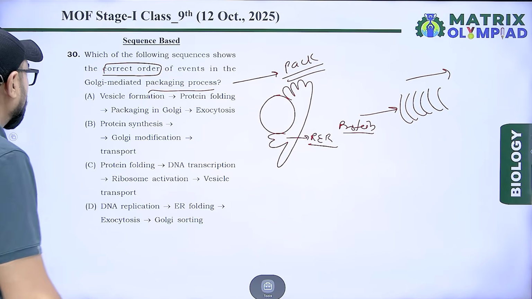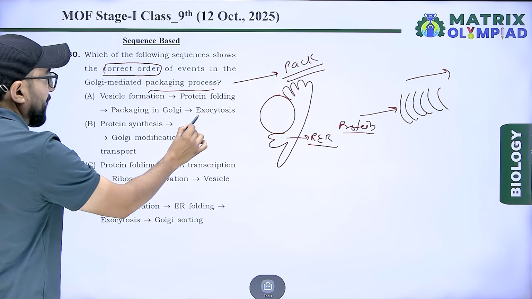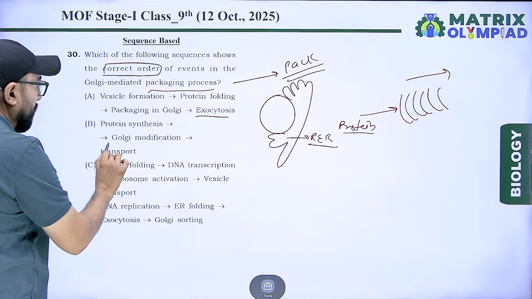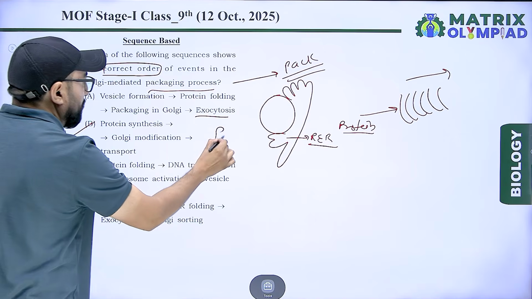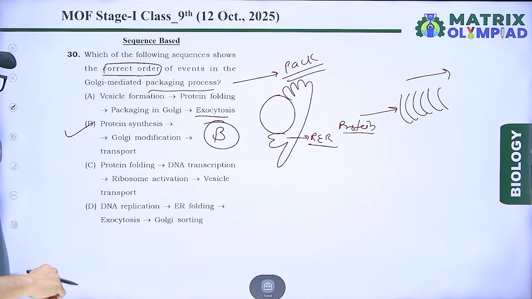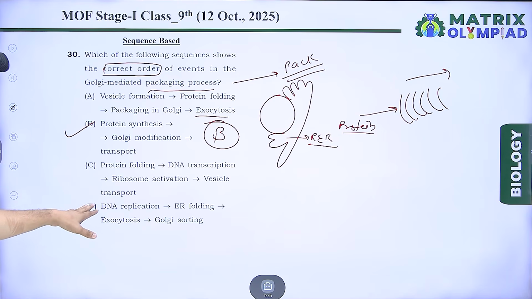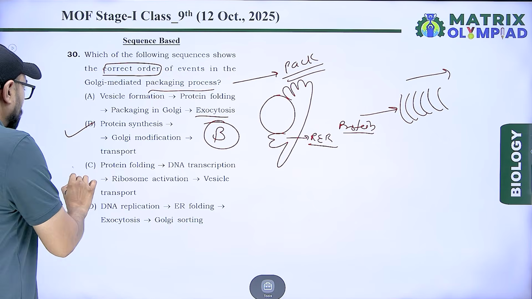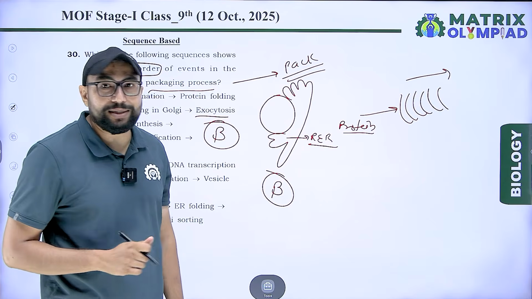According to one option, vesicle formation, protein, then packaging in Golgi and exocytosis. Next, protein synthesis, Golgi modification and then transport. That is right. Option B is correct for this question. Option C, protein folding, ribosome activation, vesicle transport, DNA replication, ER folding, exocytosis, Golgi sorting. These are wrong. So in this case, option B is correct.